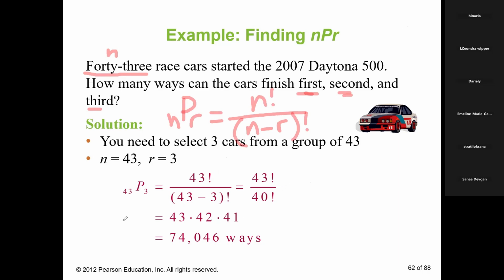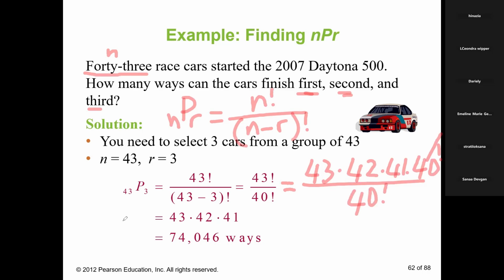Start at 43, you go down 42, you go down 41, and then you stop at 40 factorial, because you've got the 40 factorial below, and then you simplify. That's why I got 43 times 42 times 41.